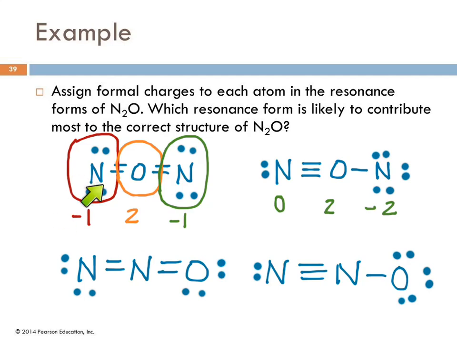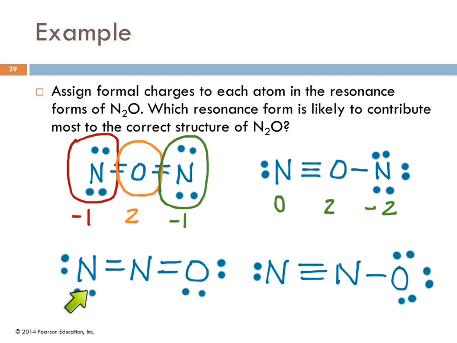And look, this is a neutral molecule, right? So -1 plus 2 plus -1 adds up to 0. Here, 0 plus 2 minus 2 adds up to 0. If they don't add up to the same charge as on the molecular ion, then you screwed up somewhere. Is everybody getting how I'm doing this? Okay, because I don't want to bore you, but I don't want to lose anybody either.